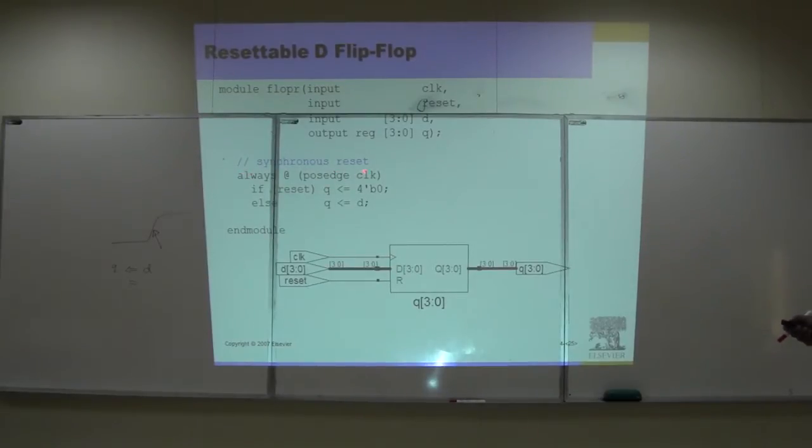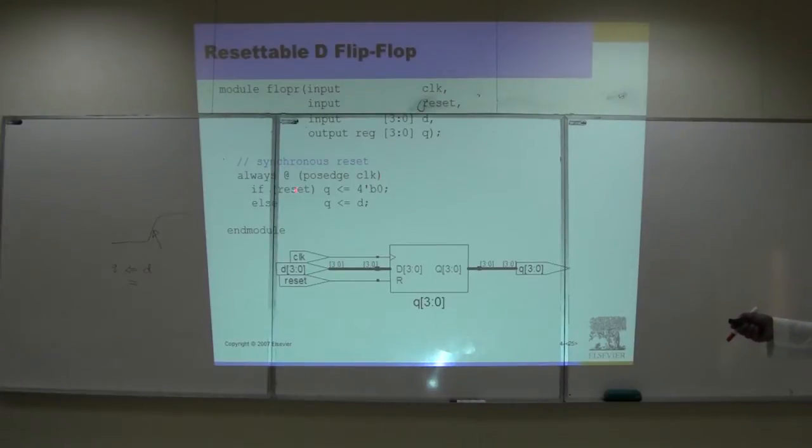Because the condition is on the clock, not on the reset. Do you understand? Even if you change the reset, but if you do not change your clock, nothing will happen.